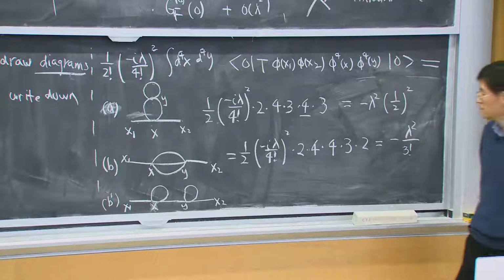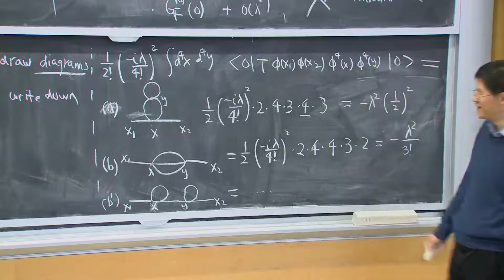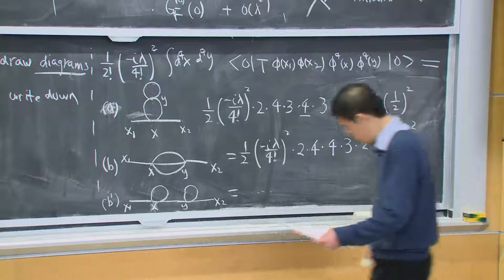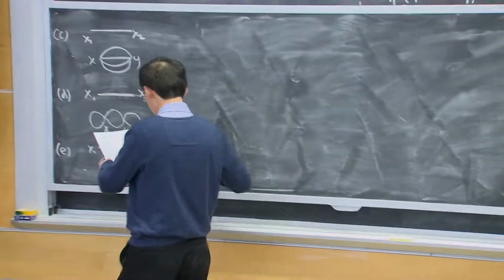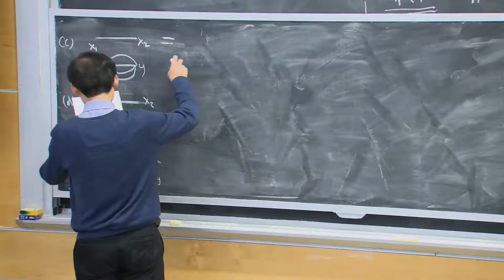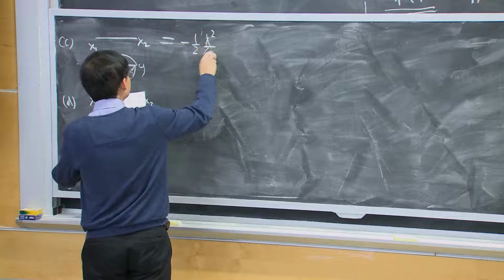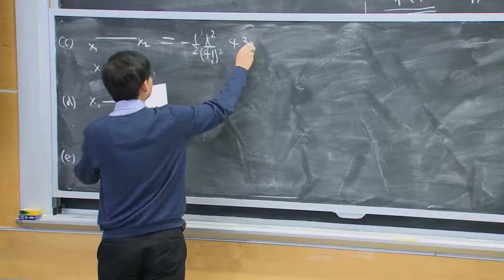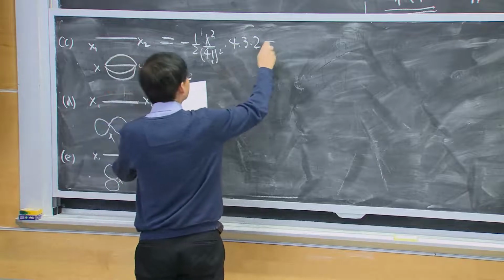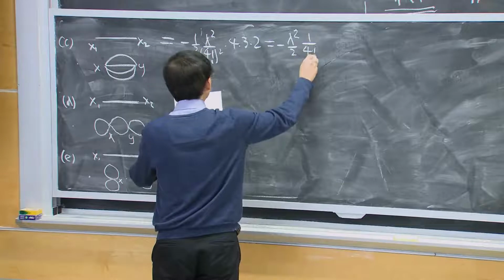As an exercise, you should work out this one yourself. I didn't work out this one, but I did work out these ones, so these are also given as exercises. This is minus 1/2 lambda squared over 4 factorial squared times 4 times 3 times 2, equal to minus 1/2 lambda squared divided by 4 factorial.